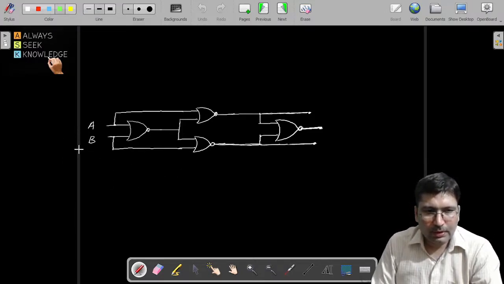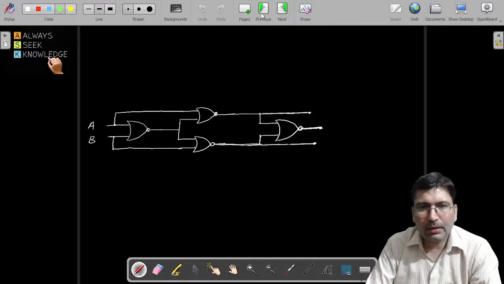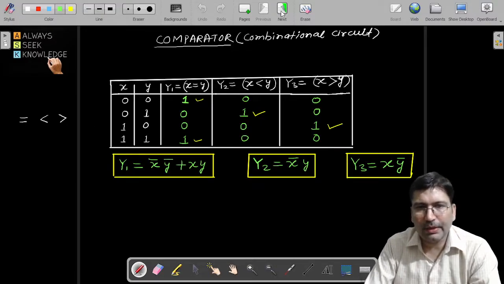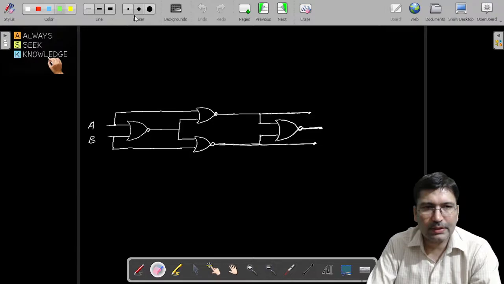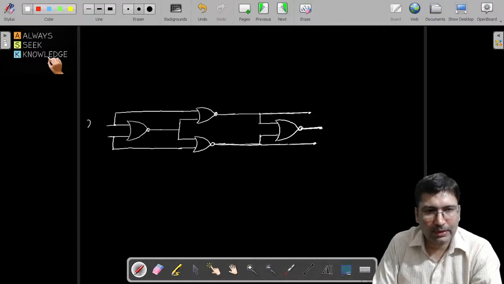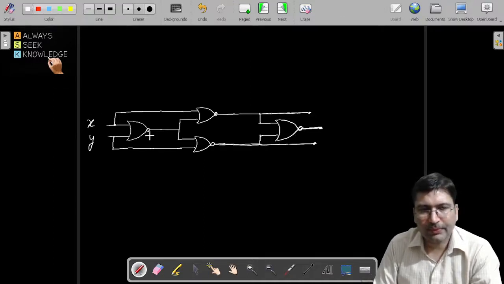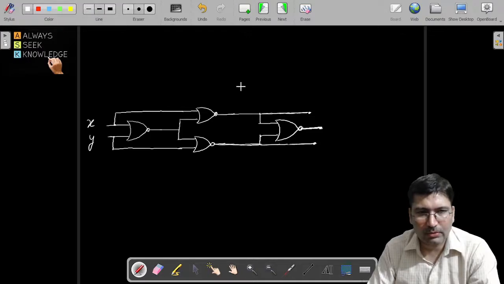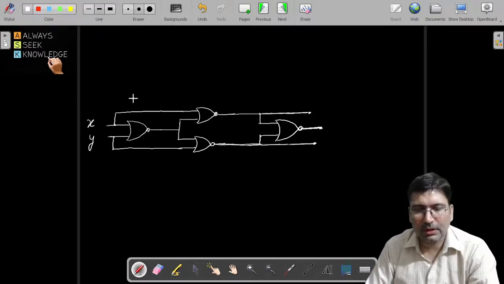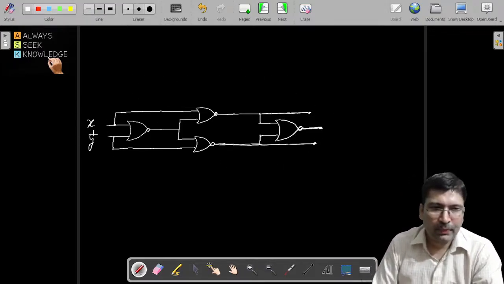So if we are taking here A or B, let's say XY we will take rather than AB, because in our truth table I have taken XY. So I'm taking, let's say this is X and this is Y. Now let's try to find out how this circuit is working as comparator.